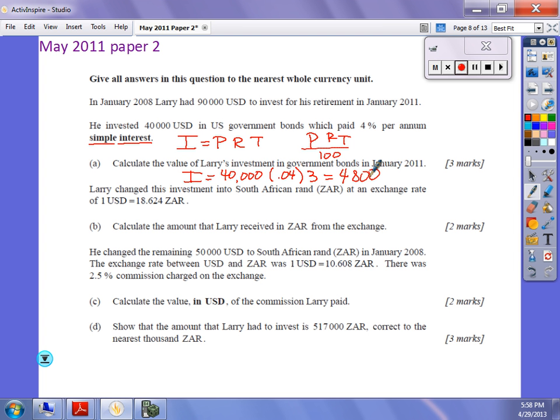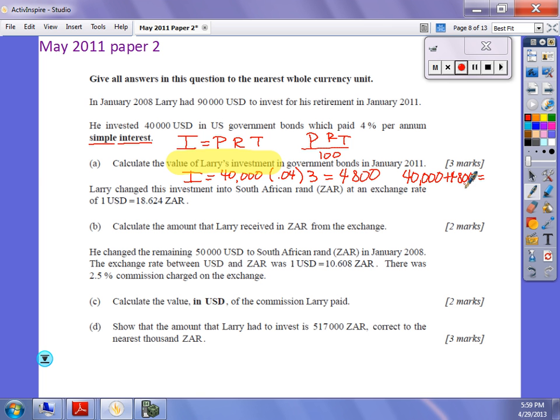All right, now that's the interest. But when IB asks you to calculate the value of an investment, they want the initial amount of the investment as well as the interest. So the answer to that question is $40,000, his initial investment, plus the interest that he earned.